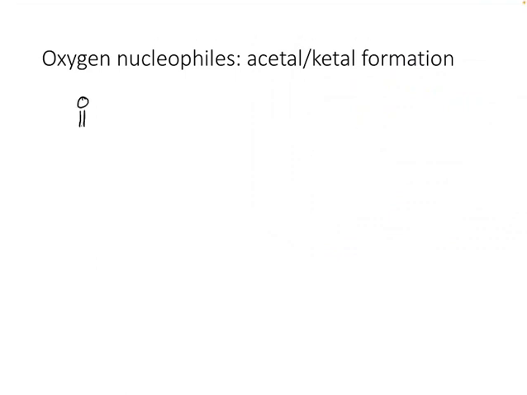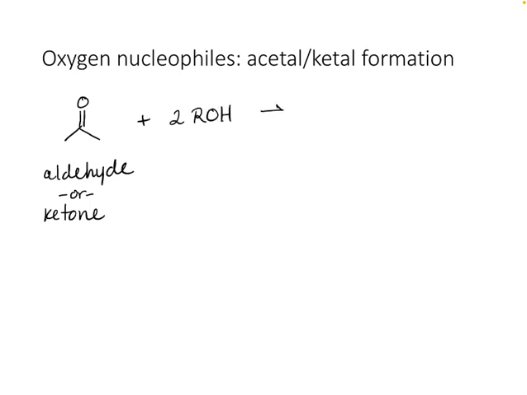So I'm going to draw a ketone, but this could be an aldehyde or a ketone. And we're going to react that with two equivalents of an alcohol. And then let's use catalytic acid here.